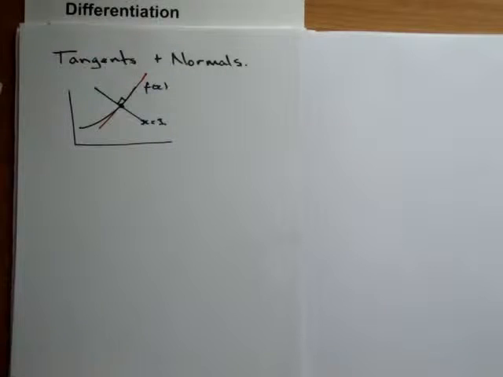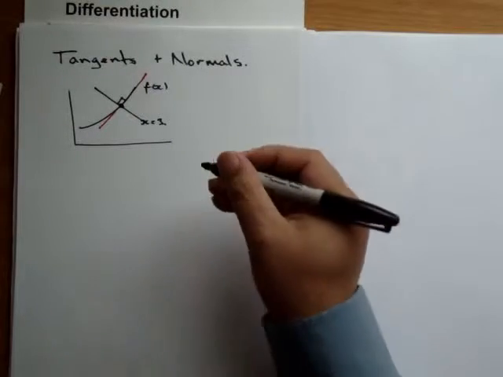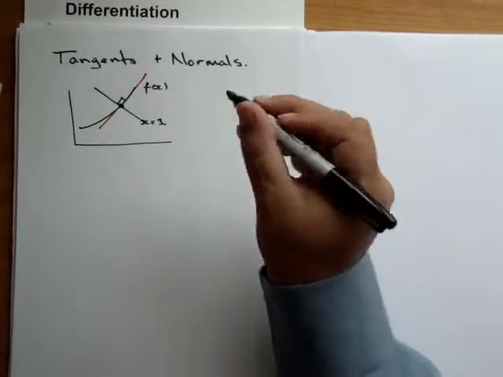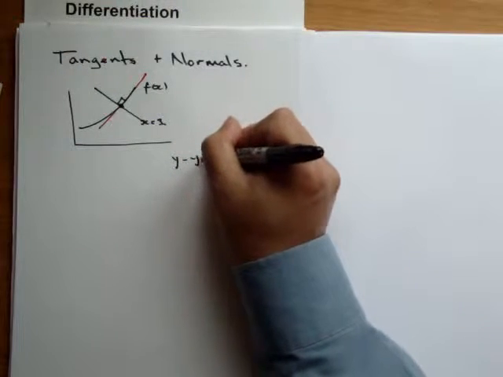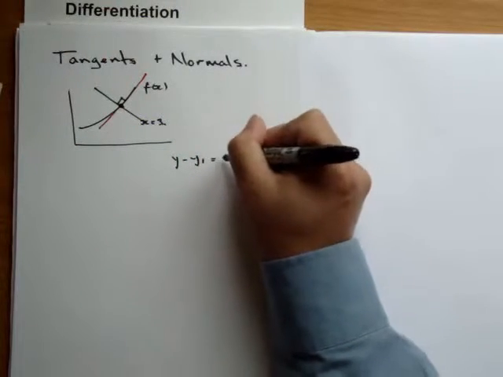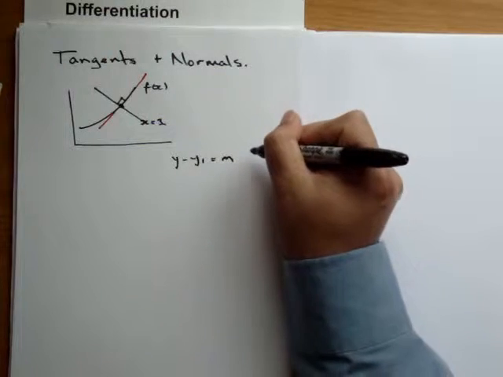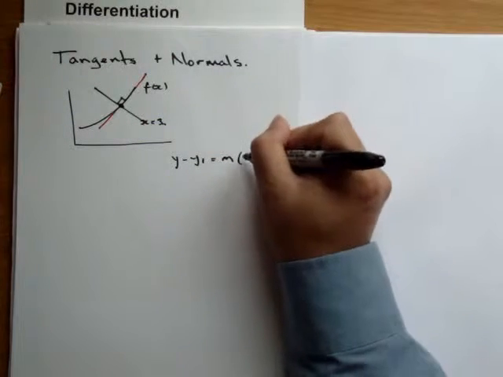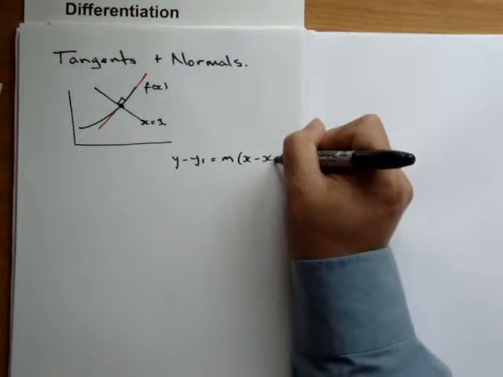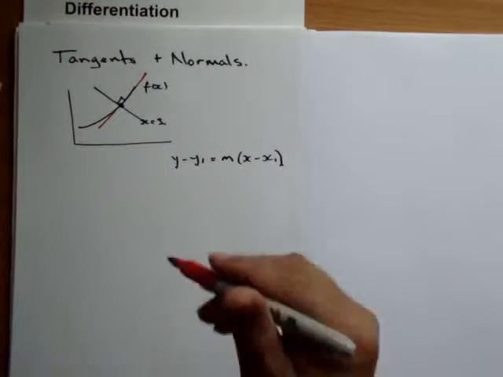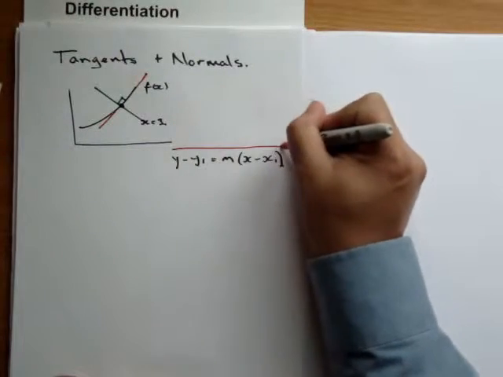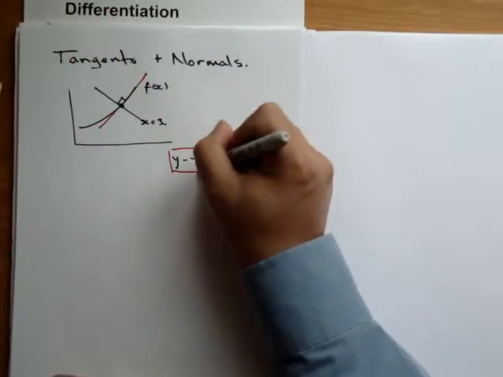Now when we're asked to find tangents and equations of tangents, we use a very important equation, which is y minus y1 equals m, which is the gradient at that point, times x minus x1. So this is a very important equation that you need to memorize. Put it in a red box.